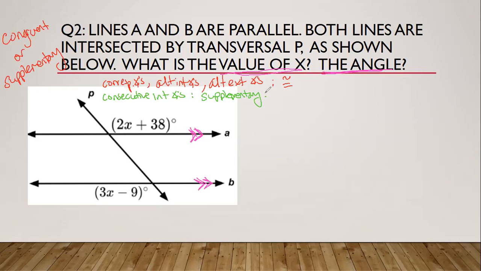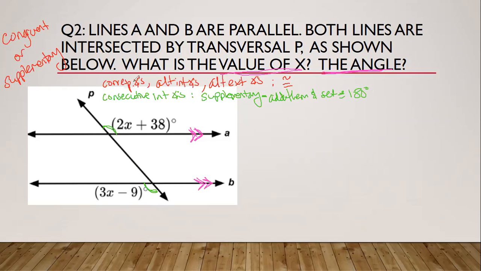Now, the reason why we need to know this is because if I take a look at these two angles here and here, if I can identify what kind of angle pair they are, then I can set up an equation. If they're consecutive interior angles and they're supplementary, then I can add them and set equal to 180 degrees.